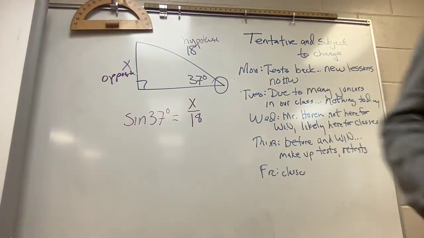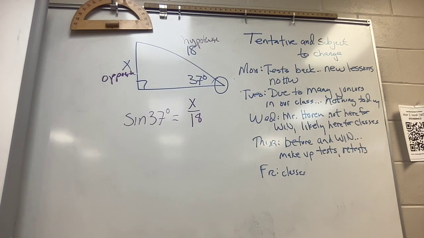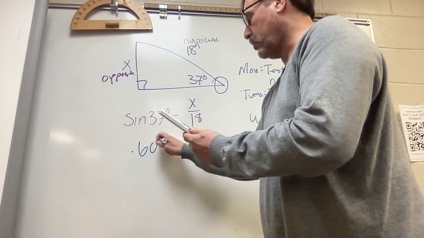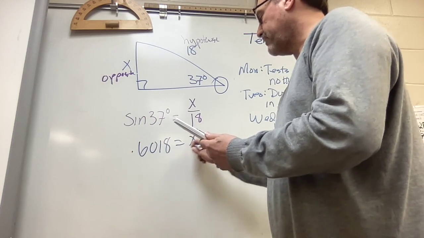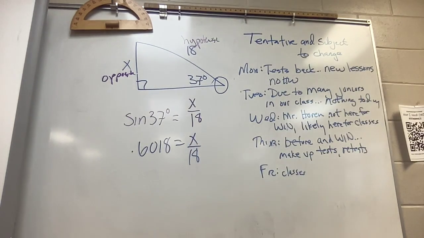All right, now, you must use at least 4 decimal places. If you use more, you're more accurate. All right, so mine says sine is 0.6018. I'll just go that far at the moment. My goodness, that becomes a regular Algebra 1 problem. X divided by 18.